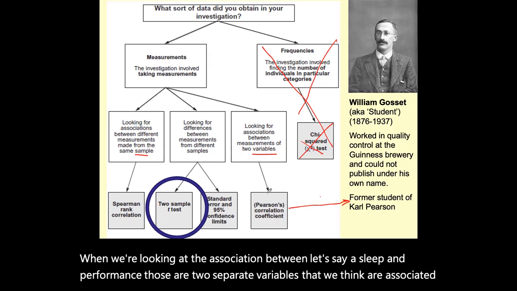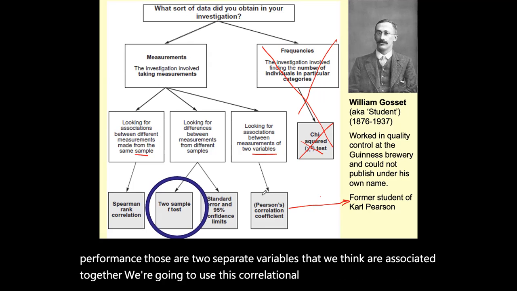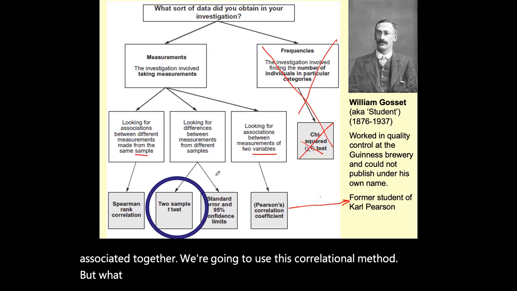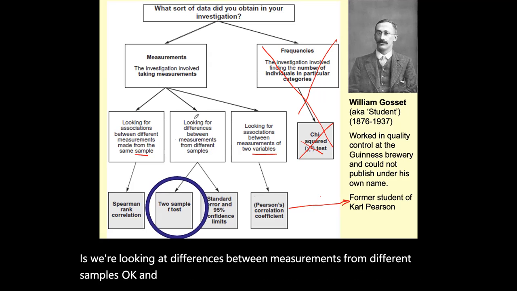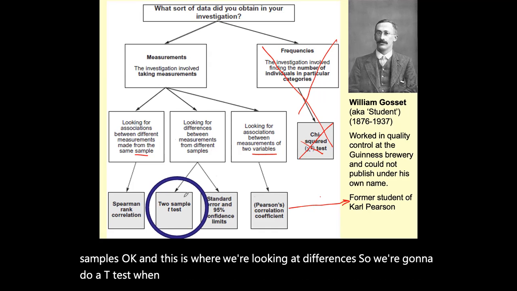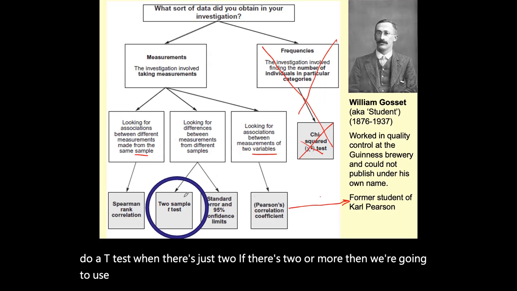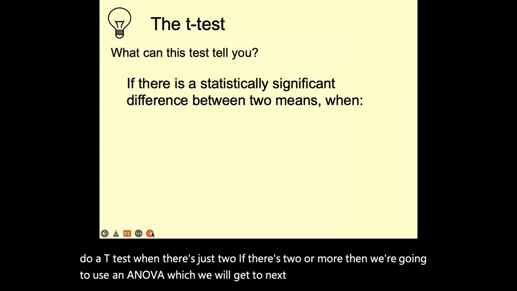We're going to use this correlational method. But what we're doing right now is we're looking at differences between measurements from different samples. And this is where we're looking at differences. So we're going to do a t-test when there's just two. If there's two or more, then we're going to use an ANOVA, which we will get to next week.